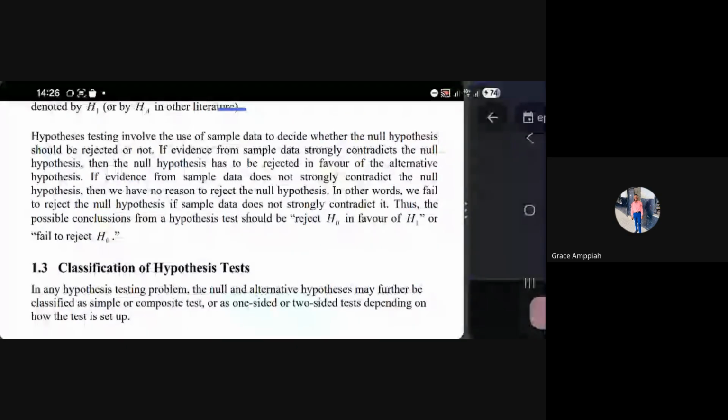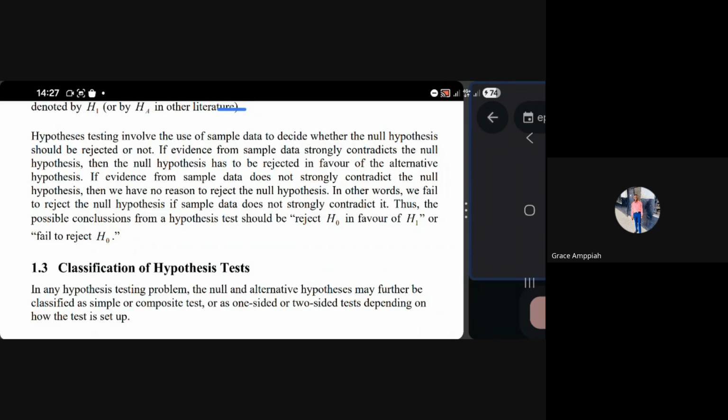It's very important. Mostly when we're doing the rejection, we reject the null or we fail to reject. If you reject the null, it means that the alternate is true. So for example, I told you that the majority are males, but then after my investigation, I realized that the majority are not males. Then it means I'm going to reject the null and accept the alternate.